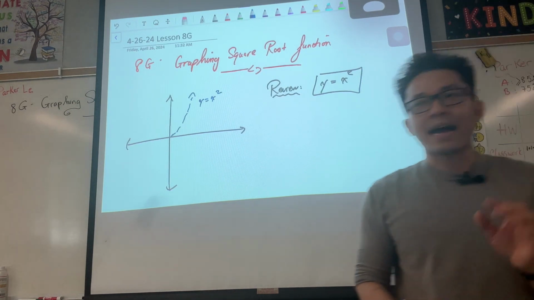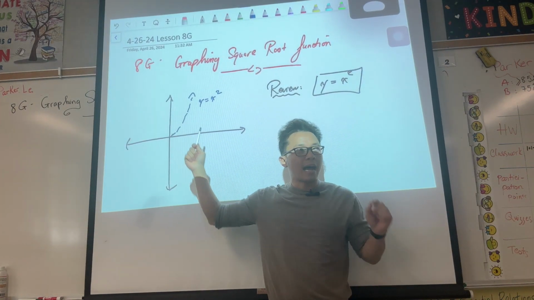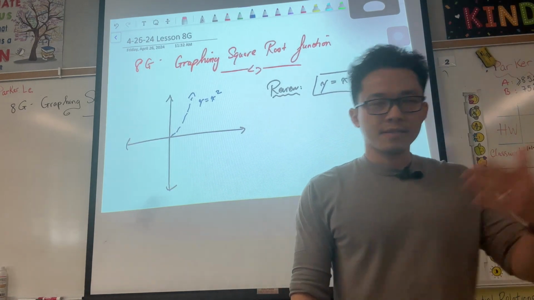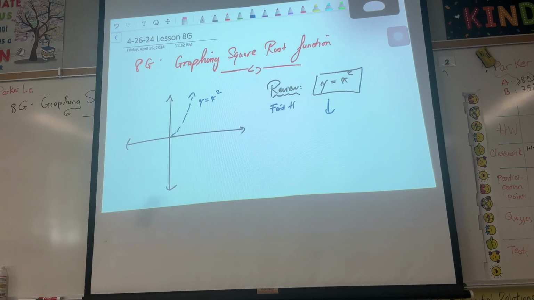Okay. Now let's find the inverse. Now does it have an inverse? Yes, right? How can you find the inverse algebraically? Who can remind me? Switch. Okay. Now, Karin, can you help me write down? So I'm going to find the inverse algebraically.